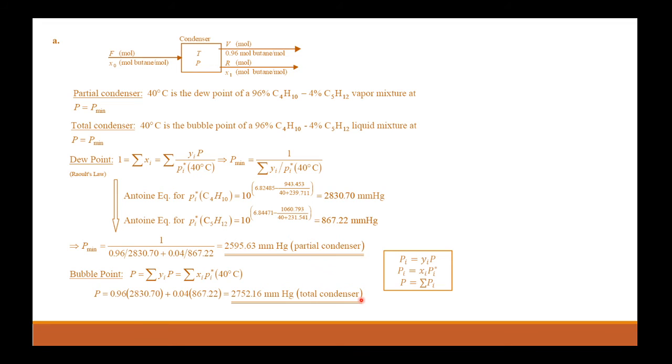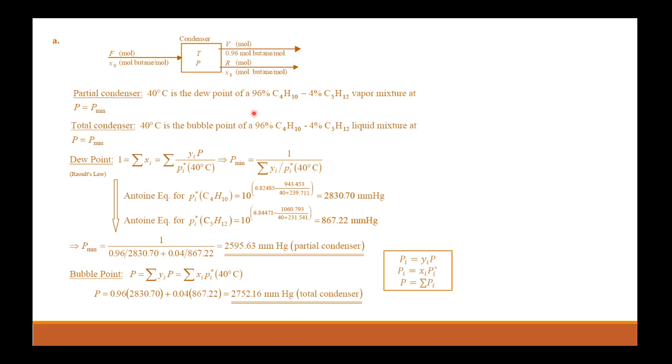Given that the partial pressure pi of a species in the vapor phase is yi multiplied by P, or xi multiplied by the vapor pressure, the total pressure will be the summation of the partial pressure of each species. So we have species butane and pentane over here, and the total pressure is the summation of these.